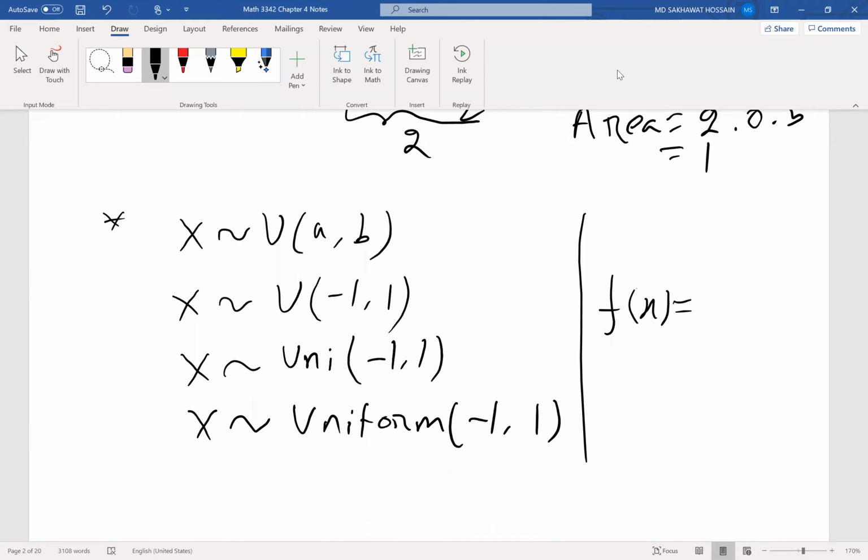What is the density function in this case? It's just -1 to 1. Yes, X is -1 to 1. So what will be the function?